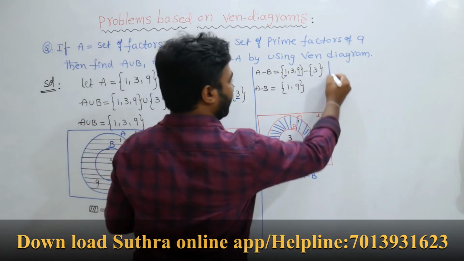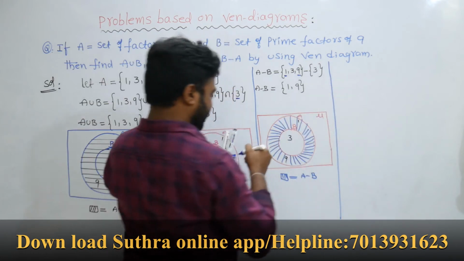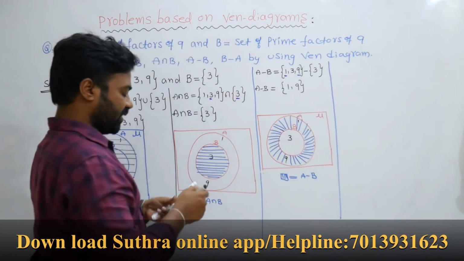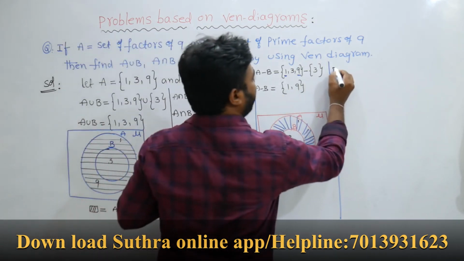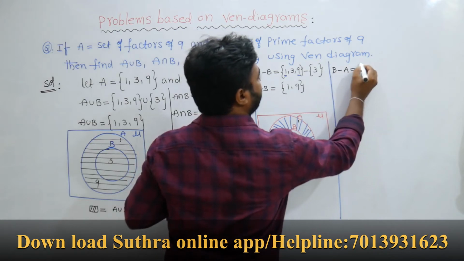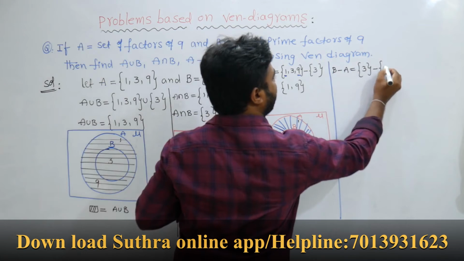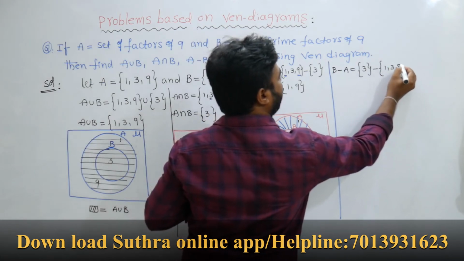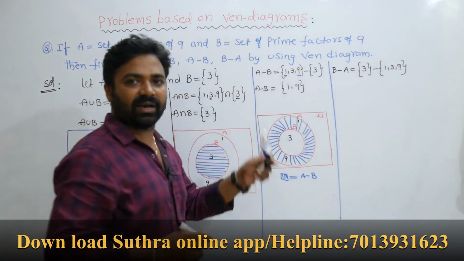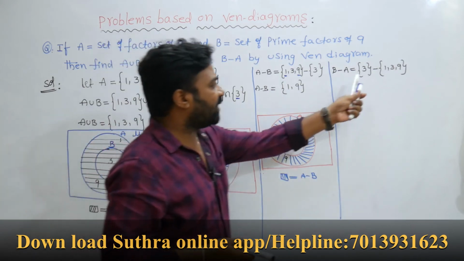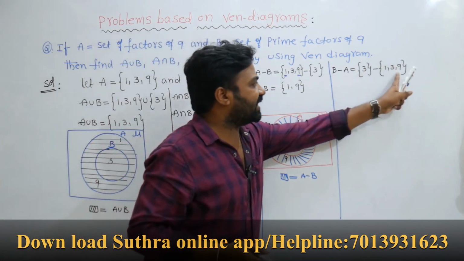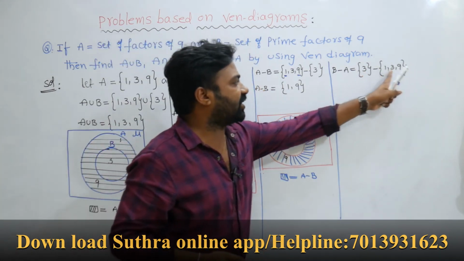Next one is B minus A. Now I am taking B minus A. B set is only 3, minus A set, which is 1 comma 3 comma 9. Here the common element is 3.